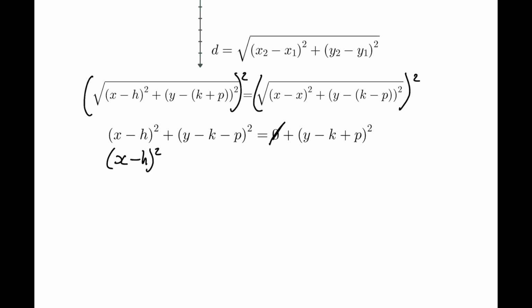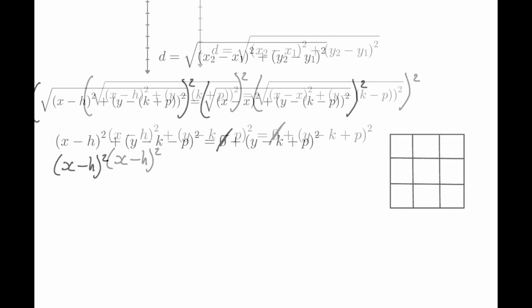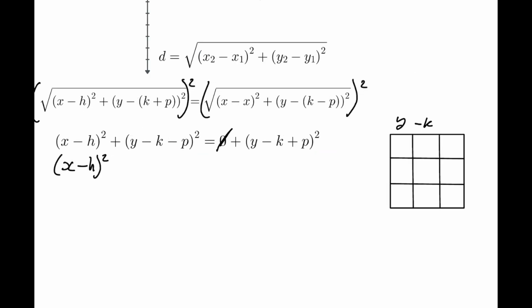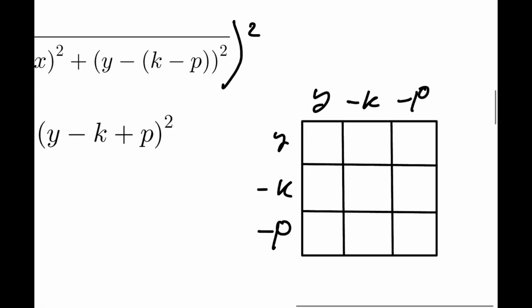We are going to need to FOIL out these. So I'm going to use a box method to demonstrate that. So this box represents multiplication. You might also hear it referred to as a generic rectangle. So I'm multiplying y times y, which gives me y squared. Y times negative k gives me negative yk.